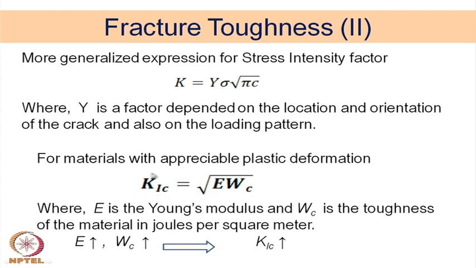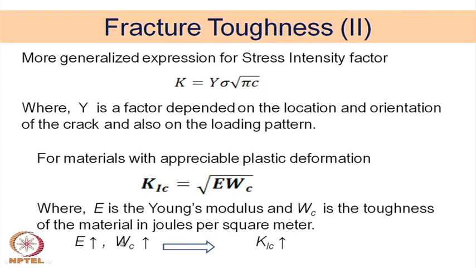So, this is how they are related. The fracture toughness KIC is equal to root over E into WC, where WC is the toughness of the material in joules per square meter, the total energy, and here it is stress. So, Young's modulus E is there and WC is the toughness of the material in joules per square meter.